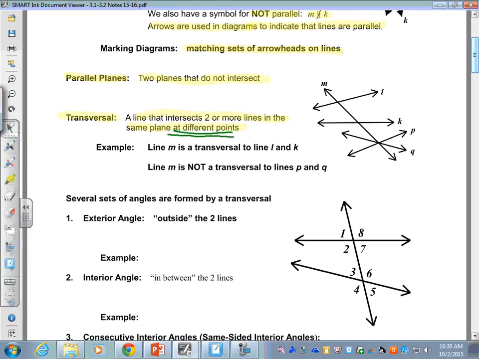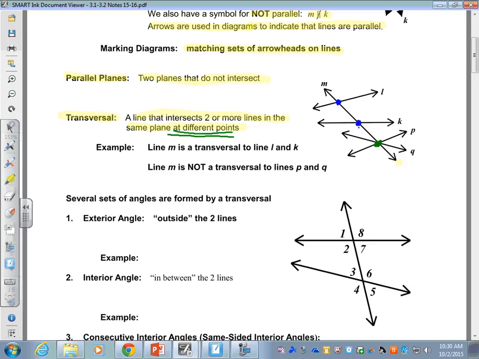Okay, so in the example that you have over here, line M is intersecting through lines L, K, P, and Q. But it's only a transversal for L and K. Because if I'm going to, on here, let's just show the points of intersection. So add a point to show the point of intersection. If I look right here, we have two different points of intersection with L and K. Does that make sense? But over here, with Q and P, I have one point of intersection.